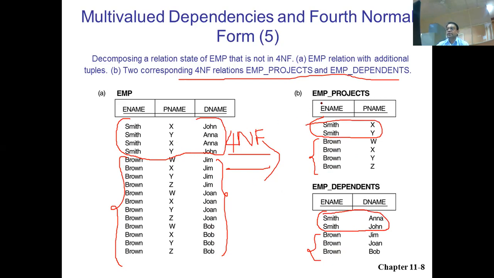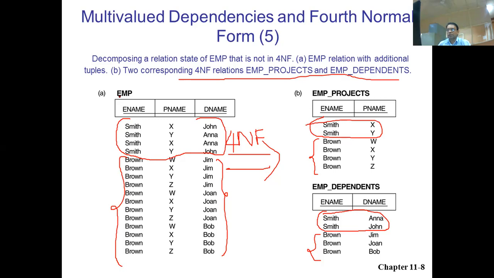The relations employee projects and employee dependents are in fourth normal form, whereas EMP is not in fourth normal form, because we have multivalued dependencies: employee name multi-determines project name and employee name multi-determines department name, and fourth normal form requires that a relation should not have any multivalued dependency.